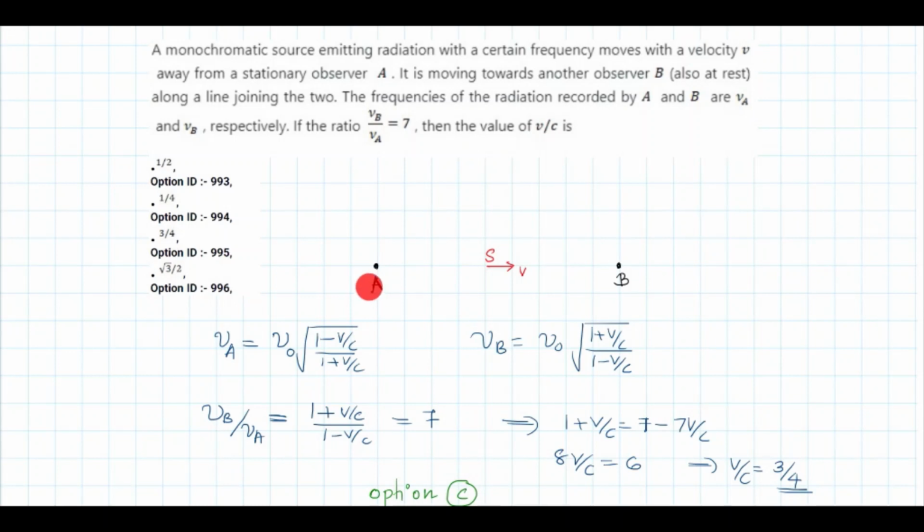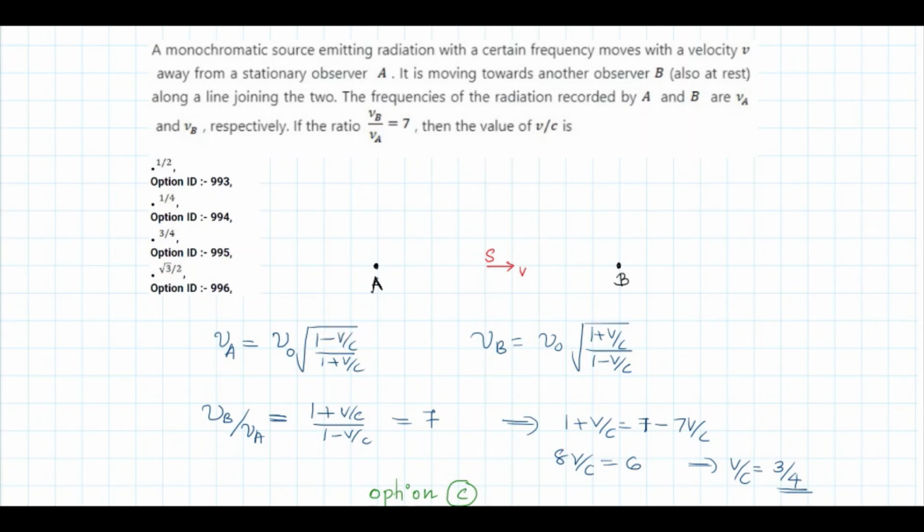You have two observers, both stationary, A and B. A source is moving away from A and moving towards B, because it is moving along the line joining A and B. If a source is moving away from a stationary observer, according to the Doppler effect of light, the frequency measured by A is equal to the actual frequency into square root of 1 minus v by c by 1 plus v by c.